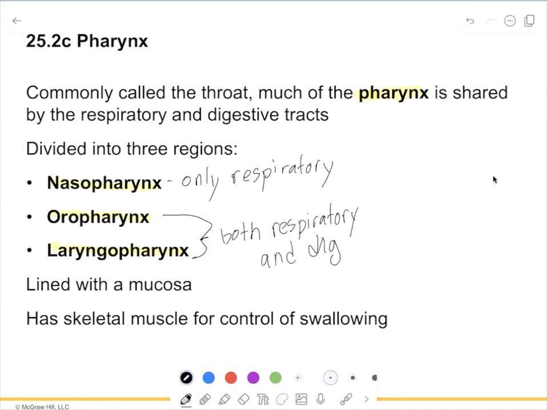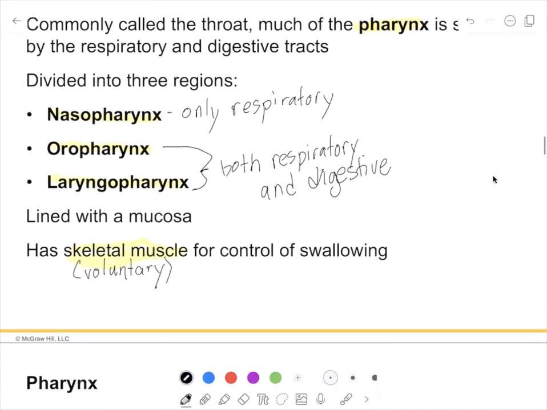They're lined with mucosa and different types of mucosa based on the location. They have skeletal muscle for control of swallowing. Remember that skeletal muscle is actually voluntary. So you make a conscious decision to actually contract your throat. But then once it gets a little deeper to the lower parts of the esophagus, for example, it's smooth muscle.